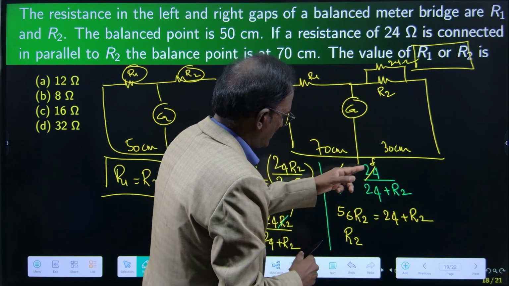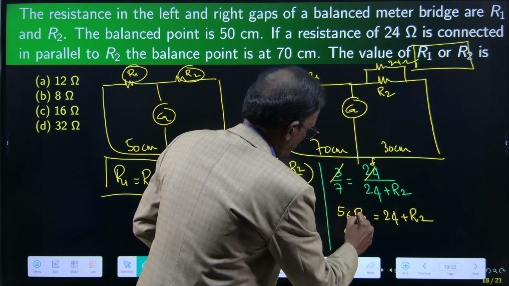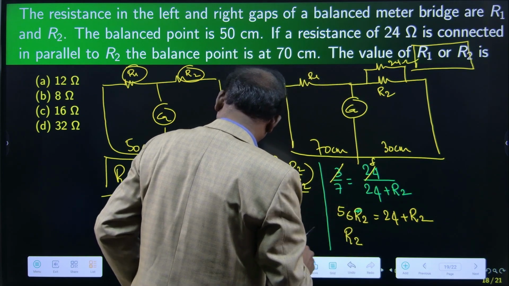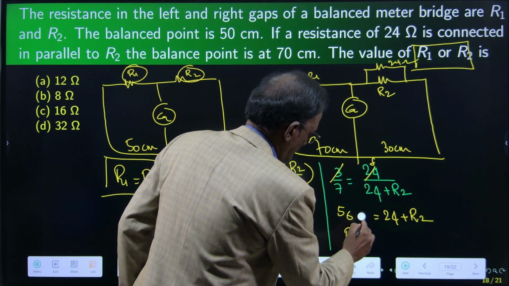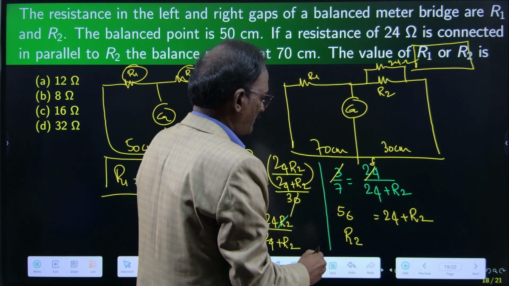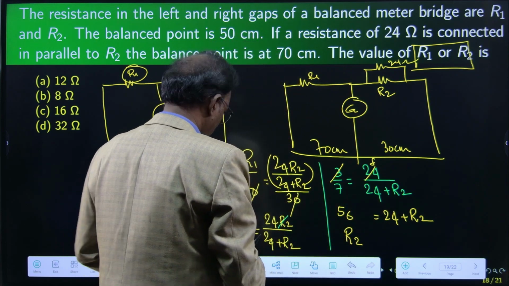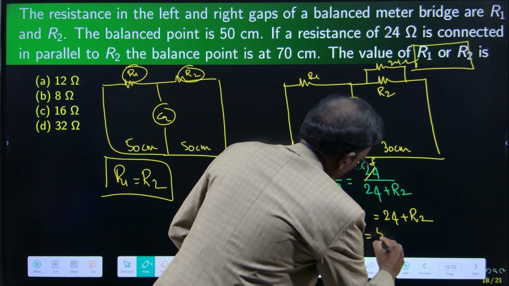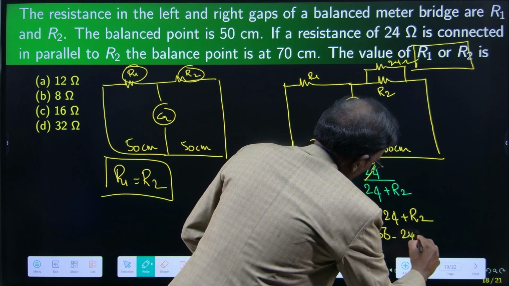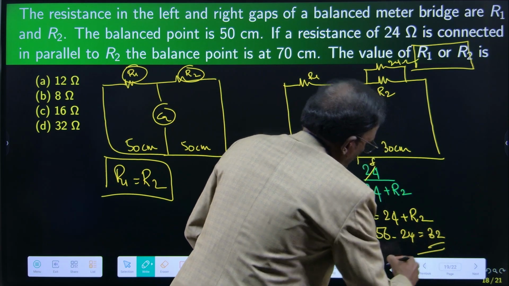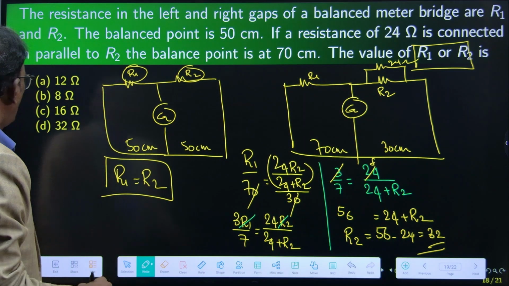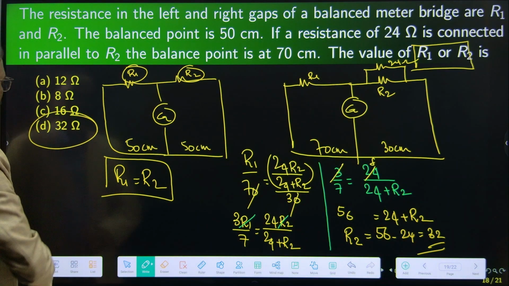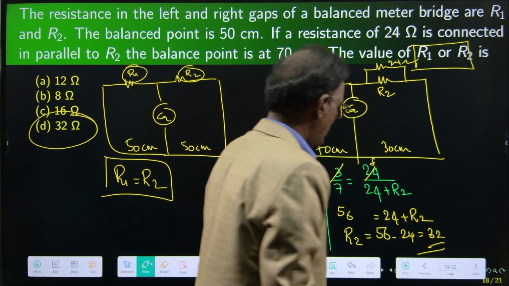So this is 7 into 8, 56 only. So R2 is 56 minus 24, that is 32. 32 is the answer. R1 and R2 are both 32.